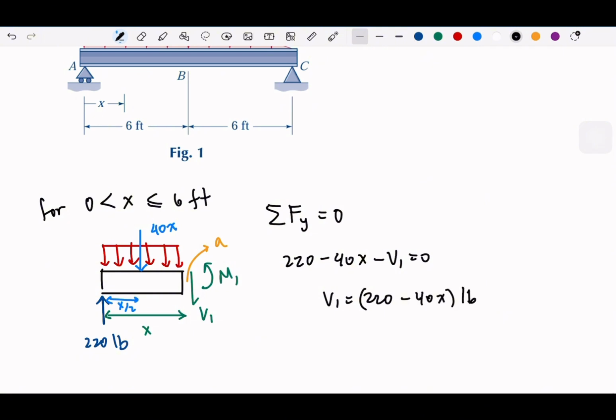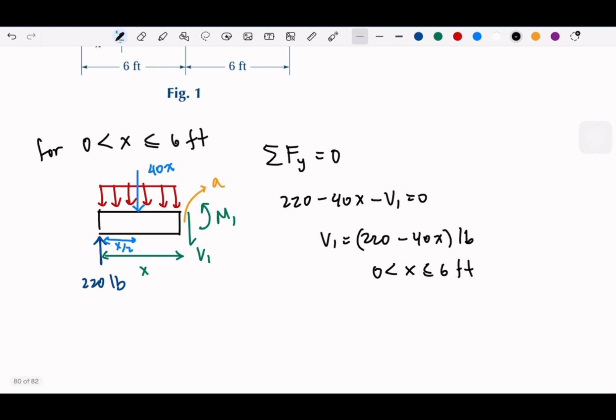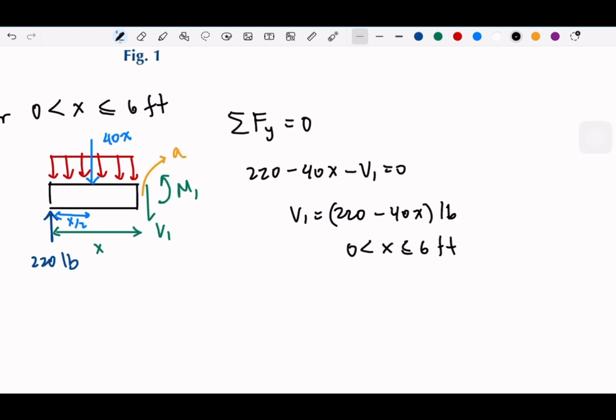This is for 0 until 6 feet, which means the shear force is a linear equation, and it changes with x, up to the maximum where x is 6.